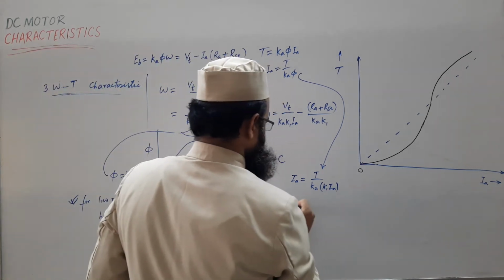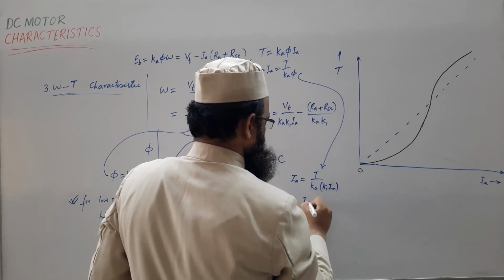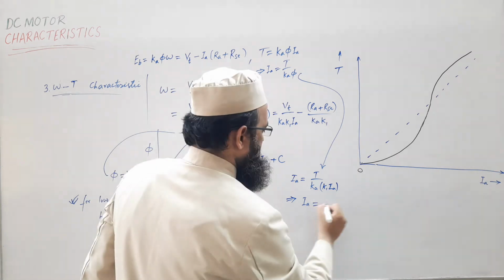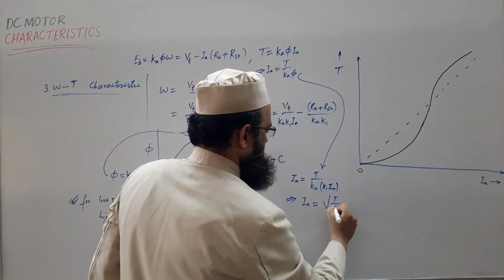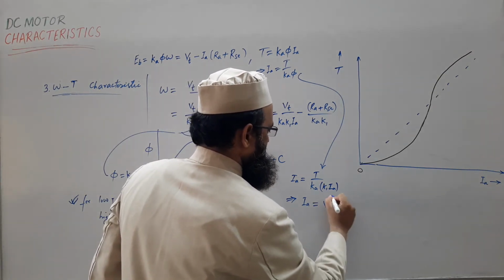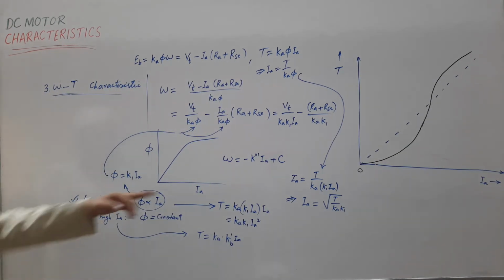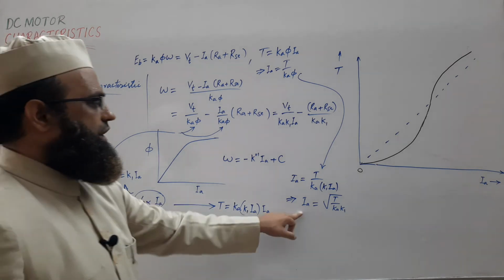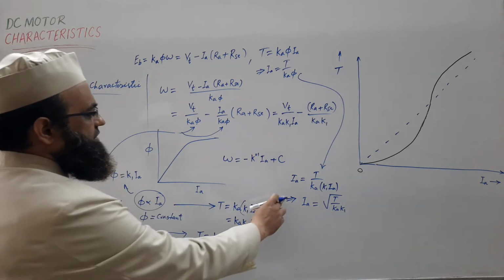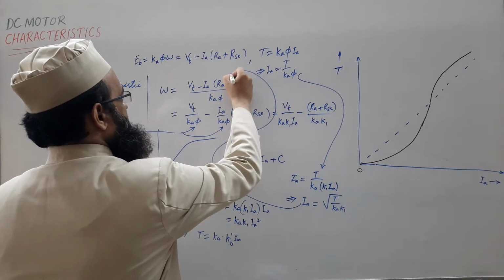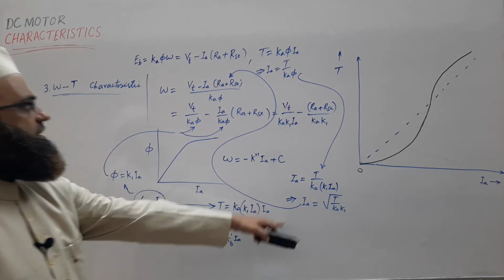This implies Ia square will be equal to T upon Ka K1, that is, Ia will be equal to root of T upon Ka K1 for a low value of this. For low value of this we have this relation, and we substitute this Ia here.